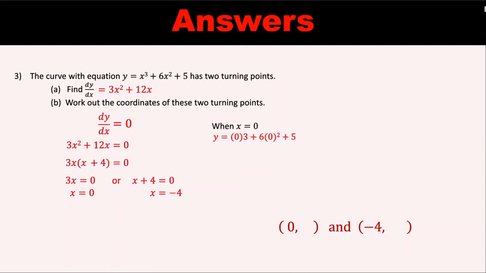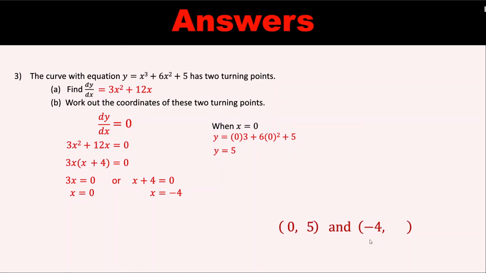y equals x cubed plus 6x squared plus 5, and where x is equal to 0, it should be 0 to the power of 3 plus 6 times 0 squared plus 5, which works out to be 0 plus 0 plus 5. So when x is equal to 0, y is equal to 5.